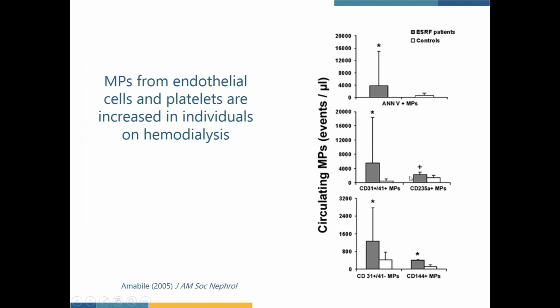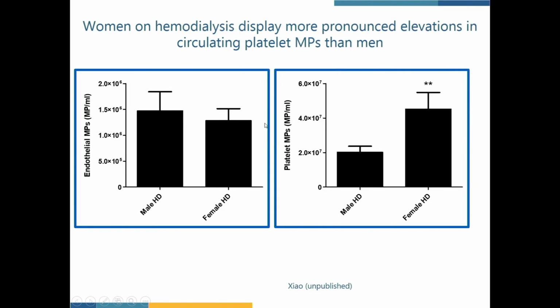This was not a new result, actually. In fact, we were mostly just validating some work from Chantal Boulanger's group about a decade earlier, where they saw significant increases in endothelial microparticles, as well as platelet microparticles in their end-stage kidney disease population as well. But what was interesting is when we looked to disaggregate the data by sex.